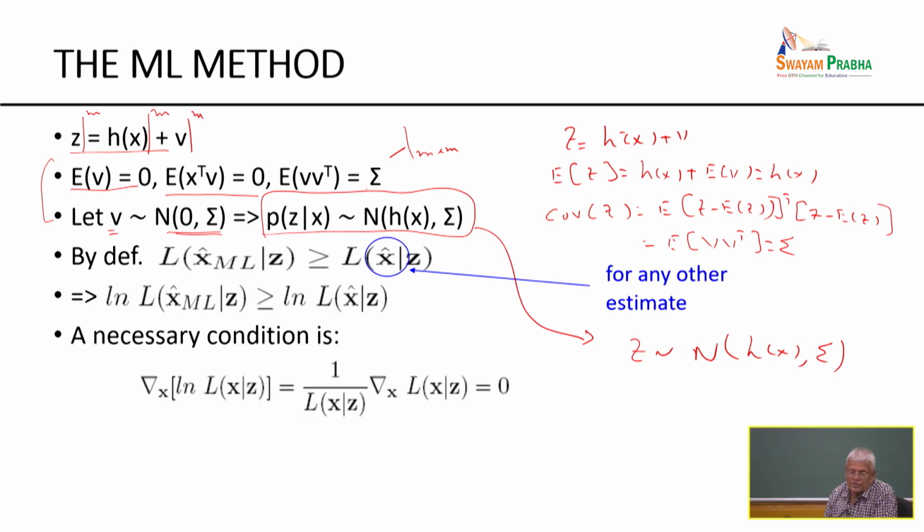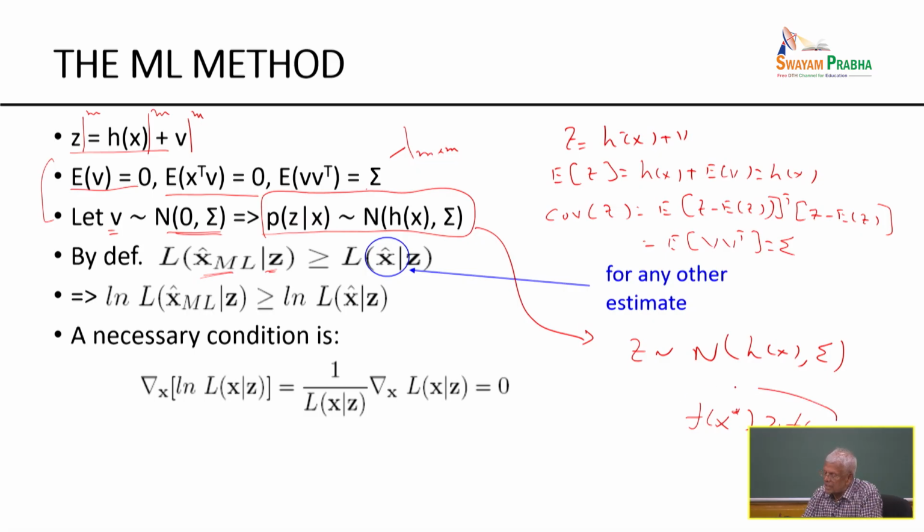So what is the definition of a maximum likelihood estimate? For a given sample, let x hat be the maximum likelihood estimate. The value of the likelihood function at the maximum likelihood estimate is greater than the value of the likelihood at any other estimate. It's like defining the maximum of a function. How do I define the maximum of a function? F of x star is greater than or equal to F of x for any x.